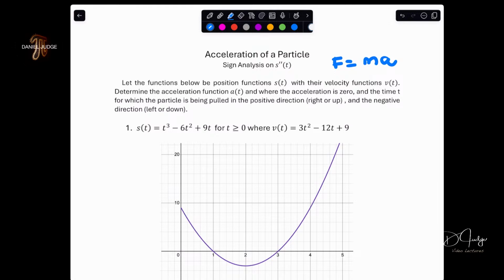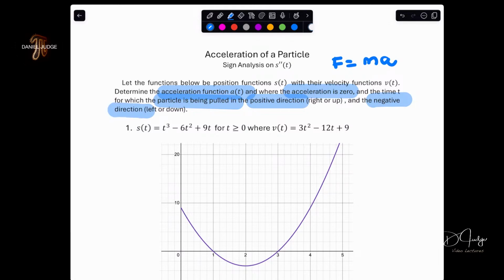So when they ask you this kind of question and they say, determine the acceleration a of t, where it is zero, no acceleration, no push or pull, and at time t for which the particle is being pulled in the positive direction, right or up, and the time t where the particle is being pulled in the negative direction, which is down or left.